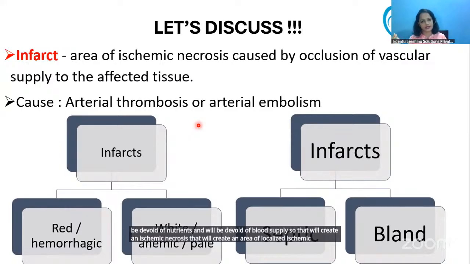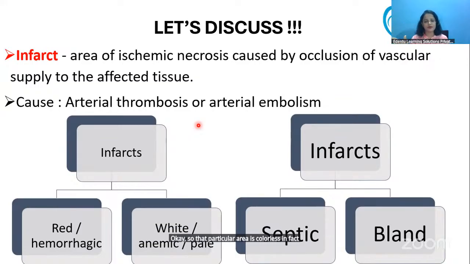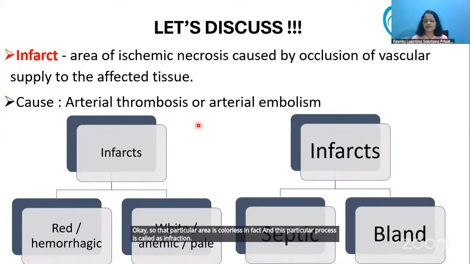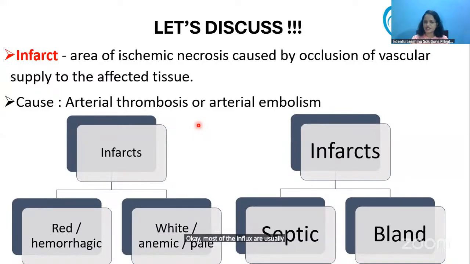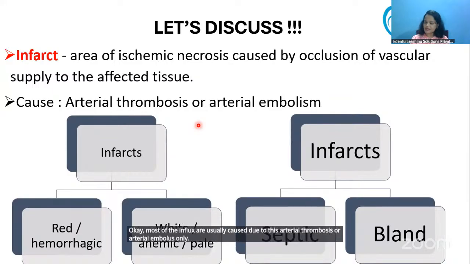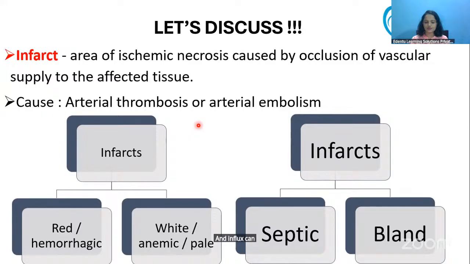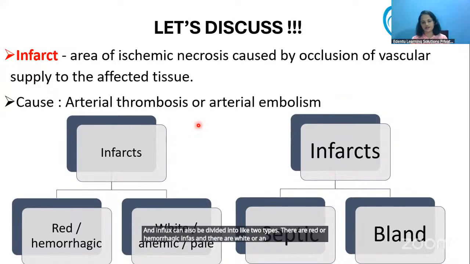That area is called an infarct, and this process is called infarction. Most of the infarcts are usually caused due to arterial thrombosis or arterial embolism only. Infarcts can also be divided into two types: red or hemorrhagic infarcts, and white or anemic or pale infarcts.